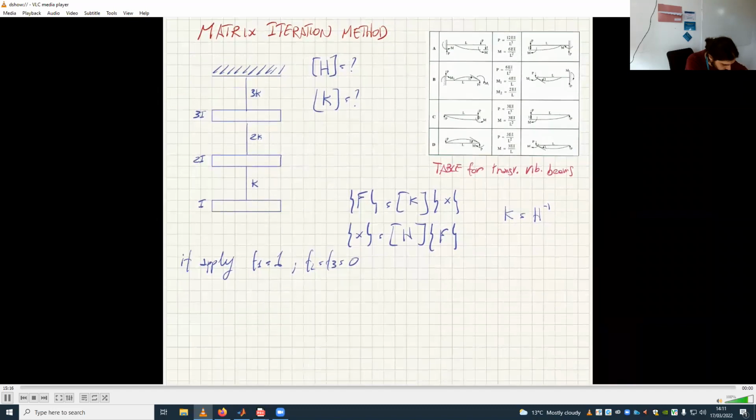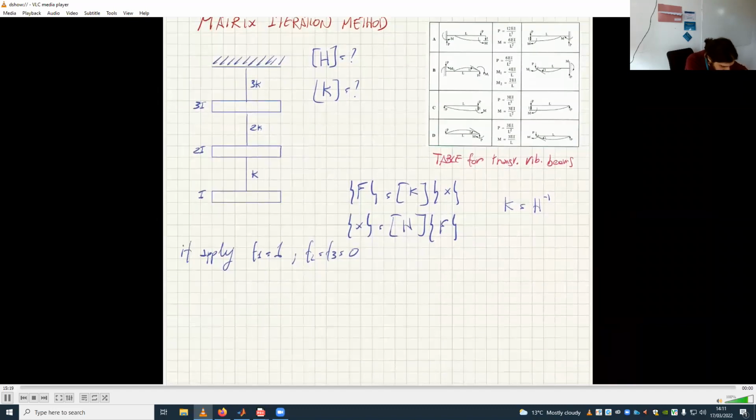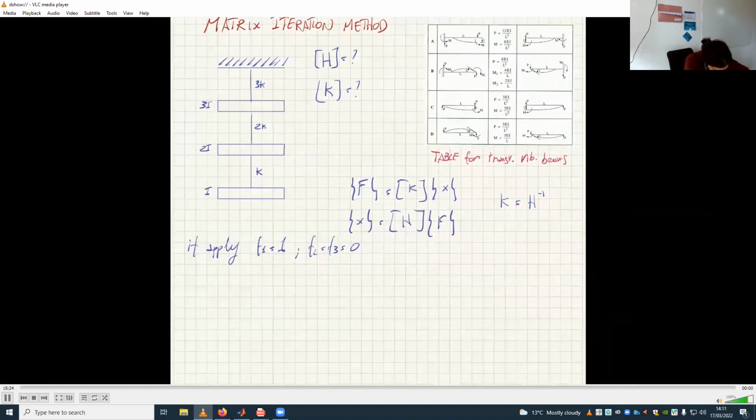So if I apply a force of 1 and F2, F3 are 0, let me do the free body diagram of this. In this case, the force is a moment.